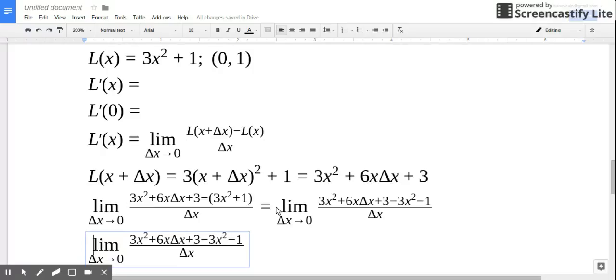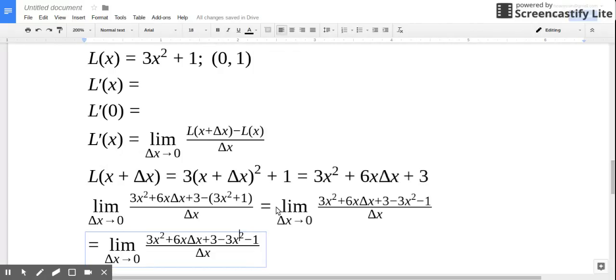And I guess I should write an equal sign right here, just showing you that this is equal to the previous line. Okay, so you see here we have a 3x squared and a minus 3x squared. And we know those are going to cancel out.